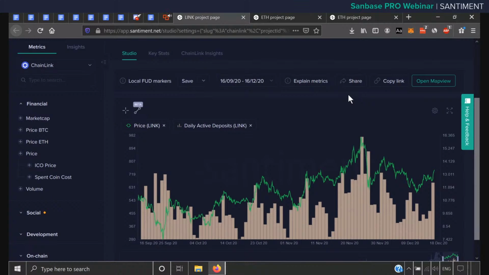So in general, a spike in daily active deposits doesn't necessarily need to be a nail in the coffin for a coin's short-term price action. However, it usually does lead to at least an interim consolidation or downtrend before the price can recover, assuming that all other fundamentals agree.